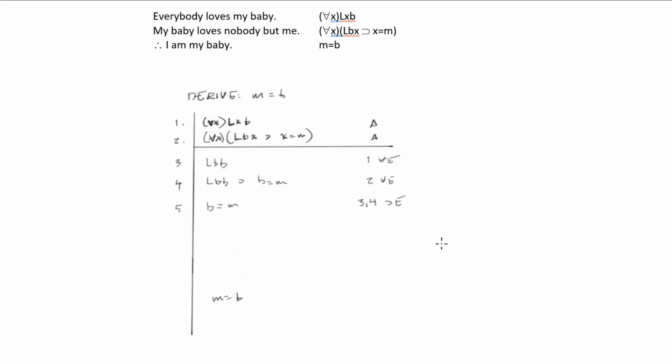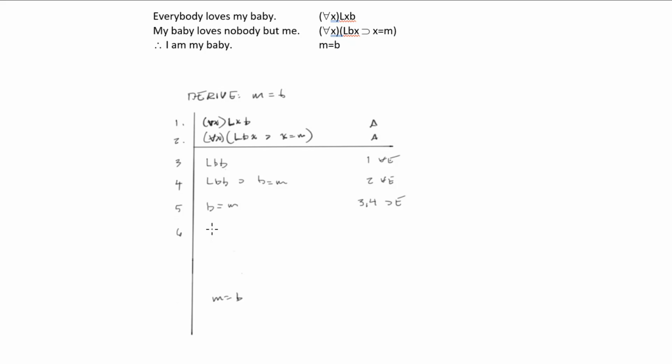Conditional elimination. So we have B equals M, and what we're after is M equals B. We do not have a rule like commutation that says you can just switch these two names' places. We don't have that rule, so we're just going to have to work this out a little bit more slowly. This is the way the book would have you work it out.